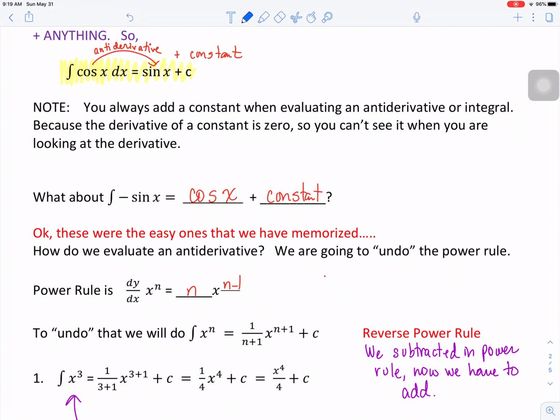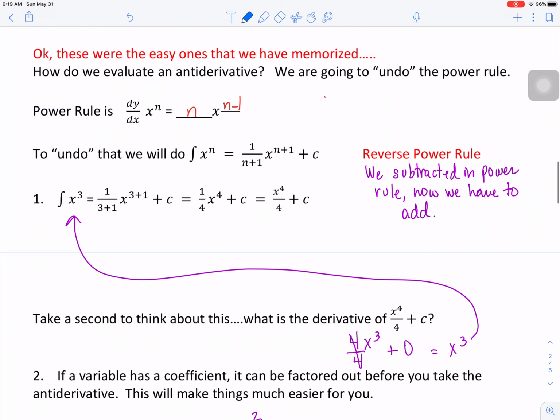What do we do with the power rule? How are we going to undo the power rule? Okay, so we write out the power rule. The derivative with respect to x of x to the n is n, the exponent comes down in front as a coefficient, times x to the power one less than you had before, x to the n minus 1.